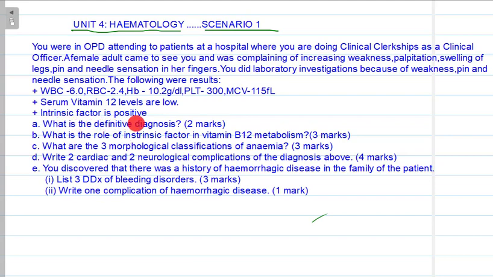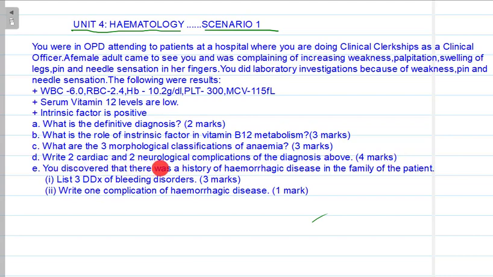What is the definitive diagnosis? 2 marks. What is the role of intrinsic factor in vitamin B12 metabolism? 3 marks. What are the 3 morphological classifications of anemia? 3 marks. Write 2 cardiac and 2 neurological complications of the diagnosis above, 4 marks.